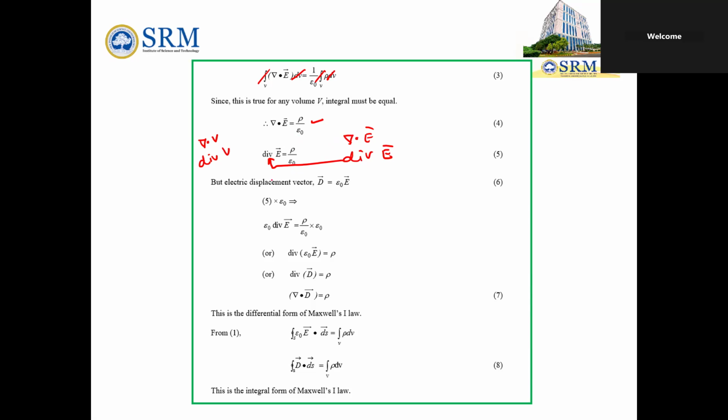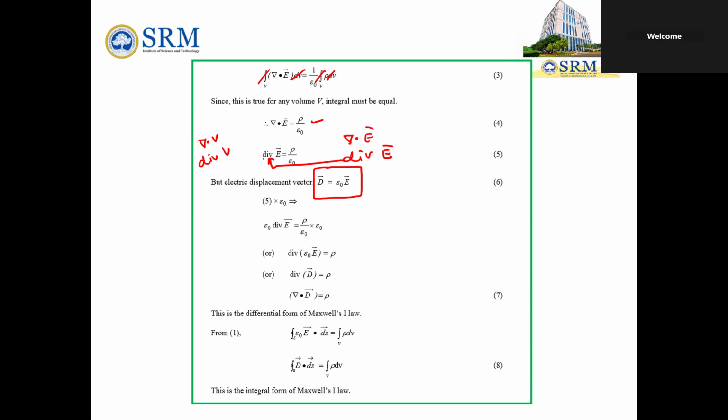Now we will use the electric displacement vector. What is the electric displacement vector? As explained in the last classes, D is equal to epsilon naught E. Therefore, in equation 5, multiply both sides by epsilon naught.